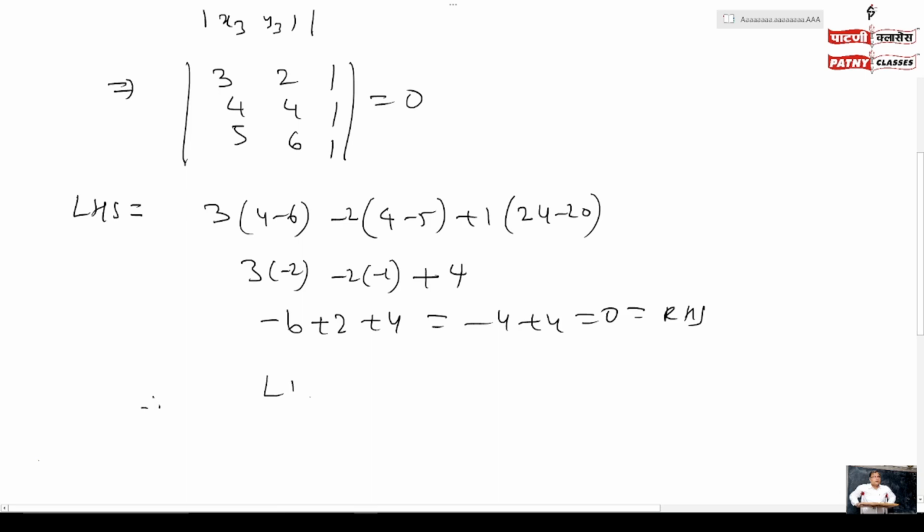Therefore LHS equals RHS, since determinant is equal to 0. If determinant of 3 points is 0, then only the 3 points are collinear. We already got determinant equal to 0. Therefore given points are collinear points.